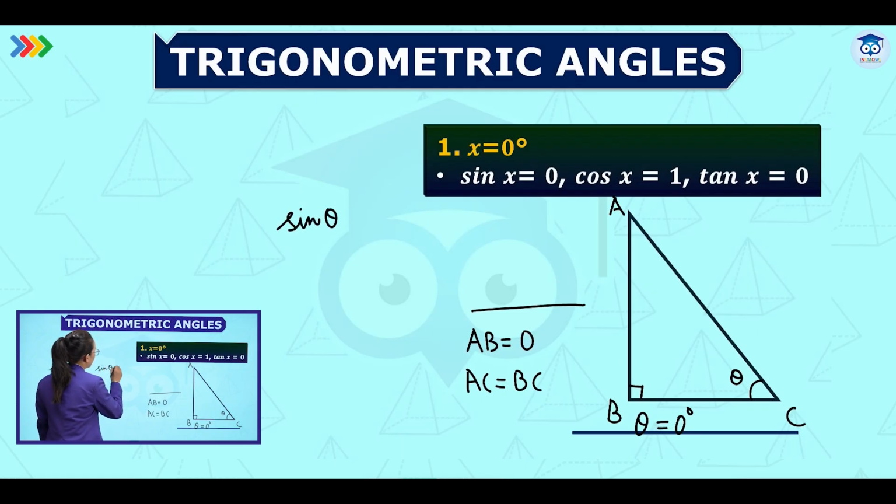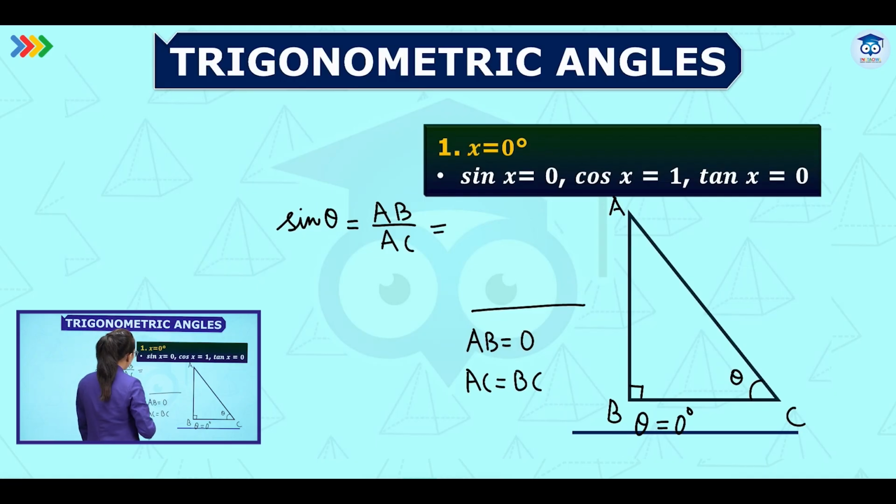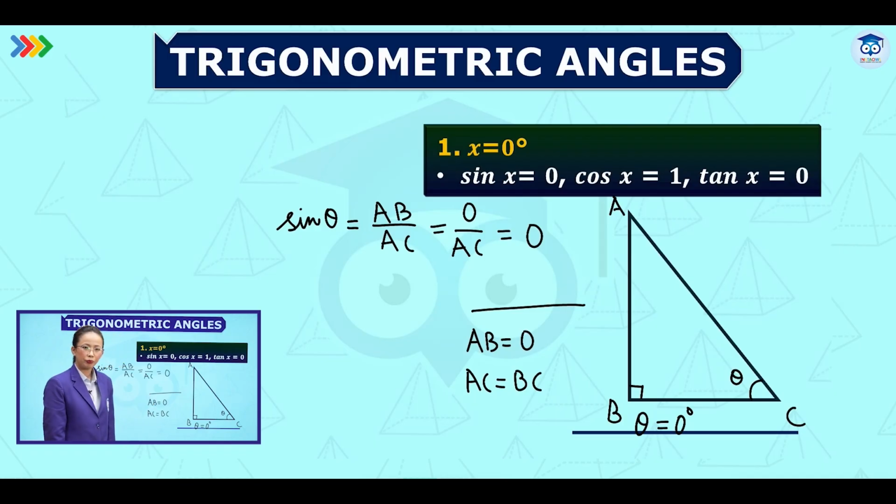Sine theta is opposite upon hypotenuse. Opposite is AB, and hypotenuse is AC. But we know that AB is 0, and AC has some value, so when we divide 0 by AC, it becomes 0. Therefore, sine x is 0 when x is equal to 0 degree.